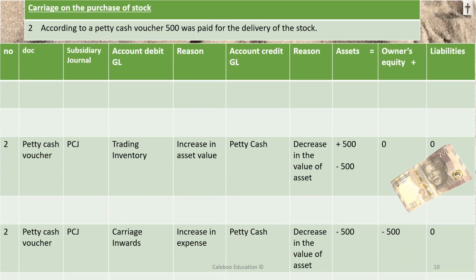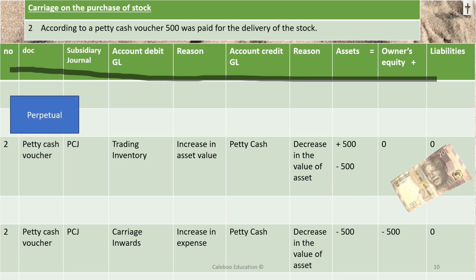And if we were to record this transaction, the delivery of stock, in this table, in case you're asked for the table in a test or exam, it would look like this. For the perpetual inventory system, the document would be the petty cash voucher.